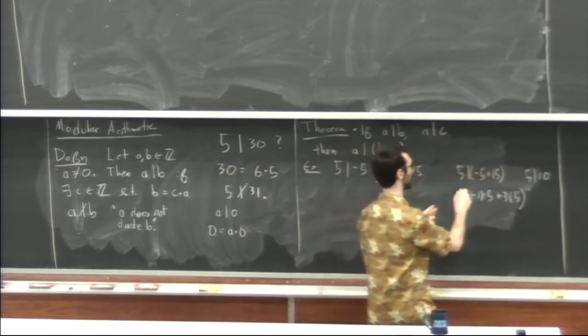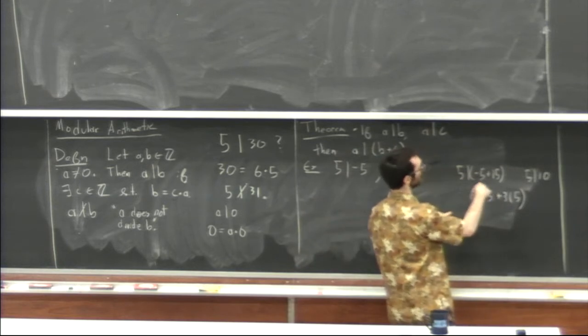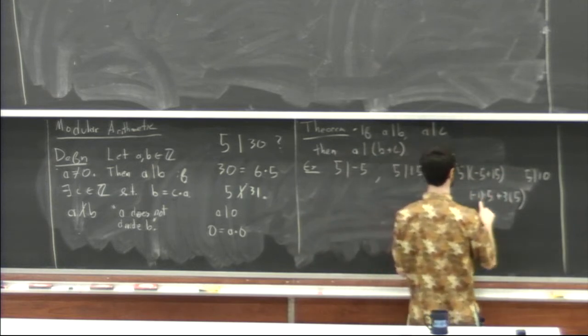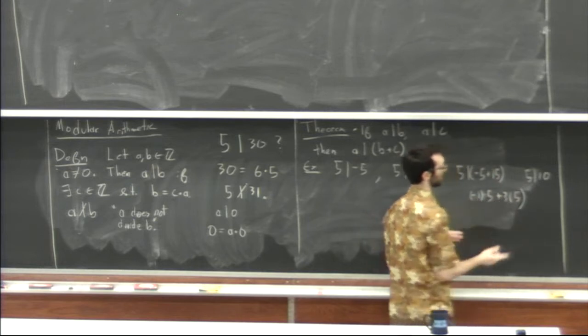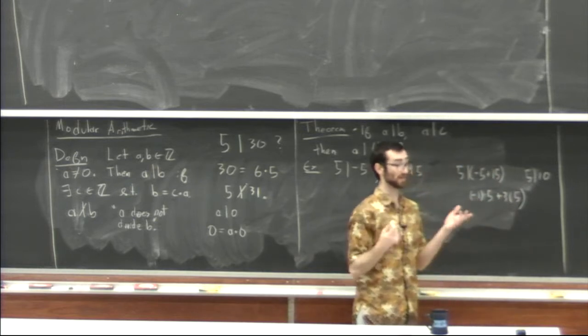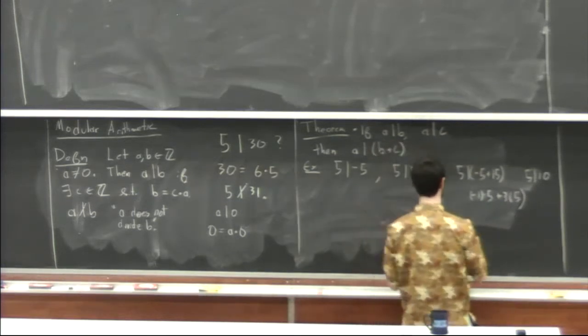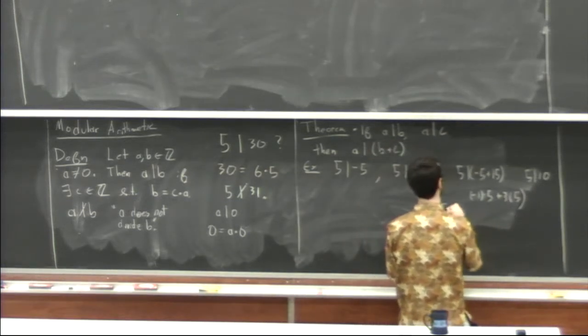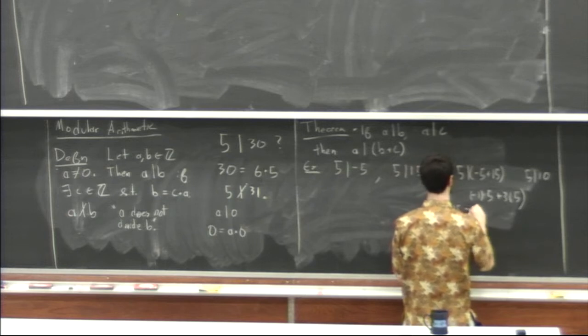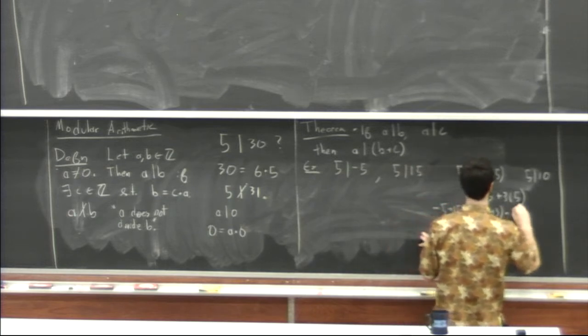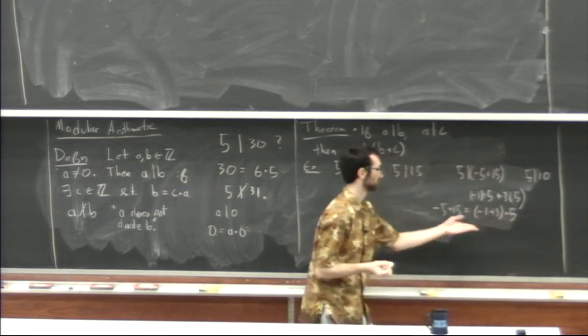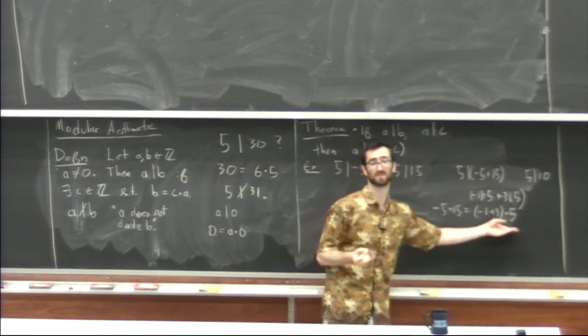So when I'm asking, does 5 divide -5 plus 15, I'm asking, can I write -1 times 5 plus 3 times 5 as some integer times 5? And the answer is yes. -5 plus 15 is equal to (-1 plus 3) times 5, so whatever it is, it's divisible by 5.